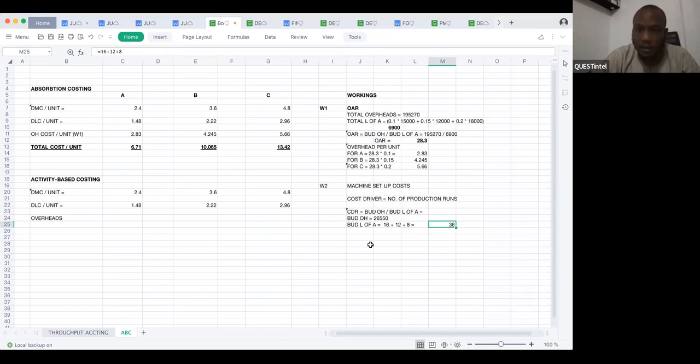That's 36. So our cost driver rate will be equal to 26,550 divided by 36.